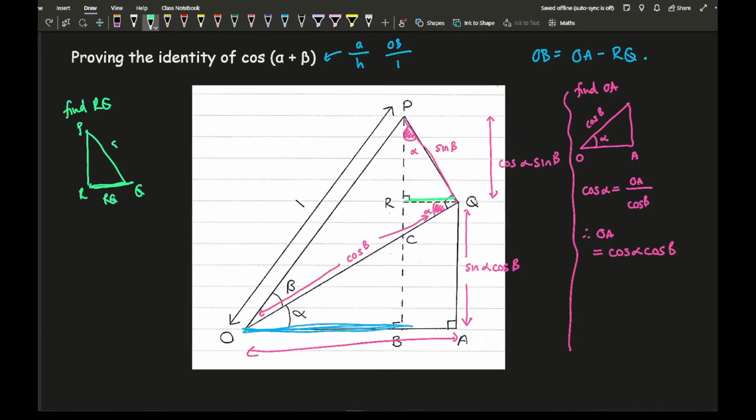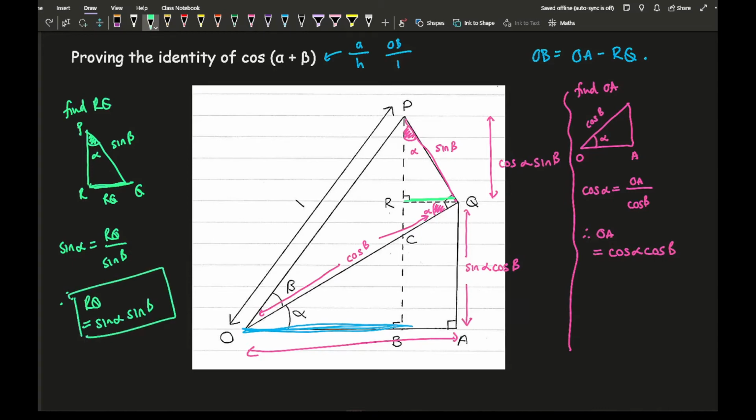I know that this length here is sine beta and this angle here is alpha. Now looking at that triangle and just orientating it, I get that sine alpha is equal to the opposite, which is RQ, which is what I'm wanting, over sine beta, which is the hypotenuse. So therefore RQ is going to be equal to sine alpha sine beta.